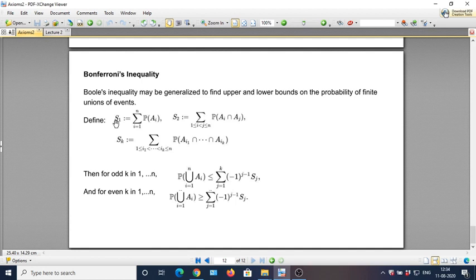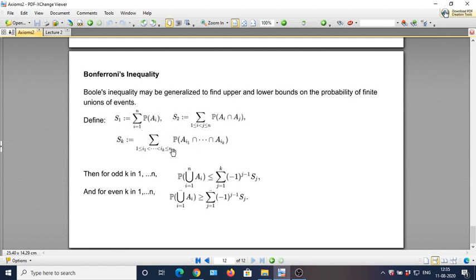The probability of the union can be written as a sequence in which the sum of probability measures of sets taken one at a time we call S1, and the sum of probability measures of sets taken two at a time, but only distinct pairs, we call S2. Then S3 will be taken 3 at a time, distinct triples, and so on. Then we can split them into sums of this form.